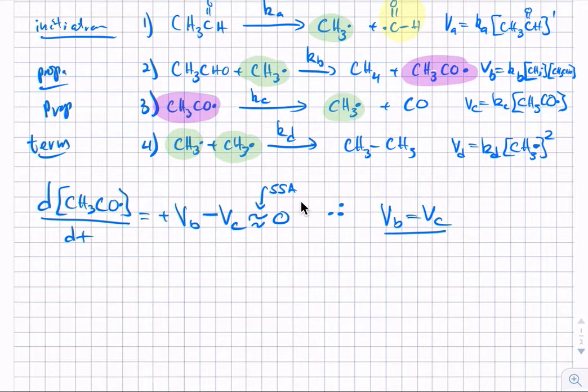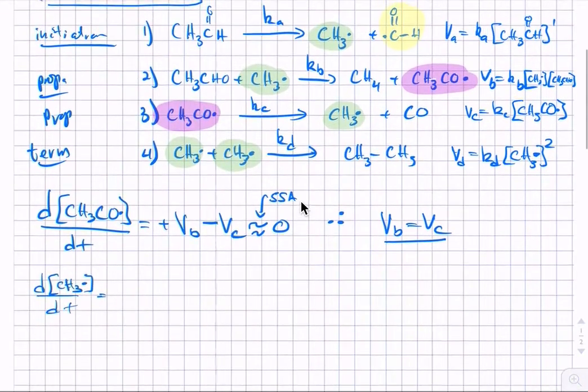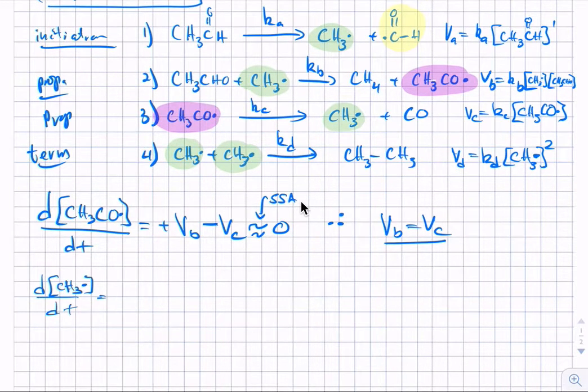Now the other intermediate we're going to look at is the methyl radical, CH3 dot. What can change this concentration? It turns out all 4 reactions can change it. The first reaction, Va, is going to increase the concentration.